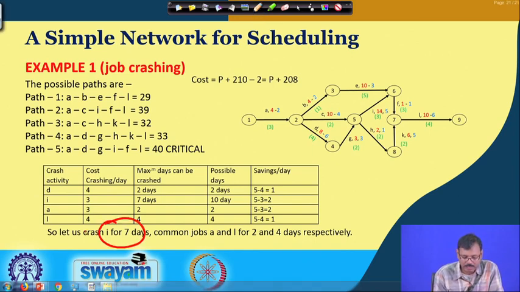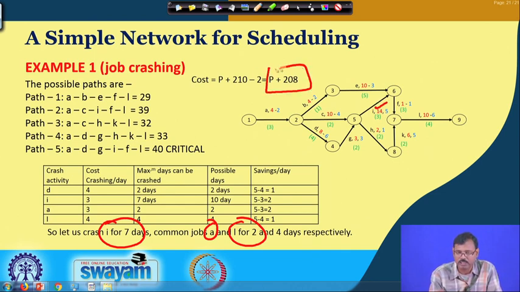Common job I is crushed, common job A is crushed, common job L is crushed. Now, I we have crushed already once, so it became 15 to 14 and that saving of 2 is reflected here. In consideration of that, we are now reducing I further to 7 days.